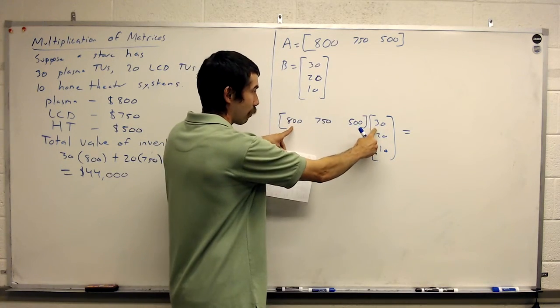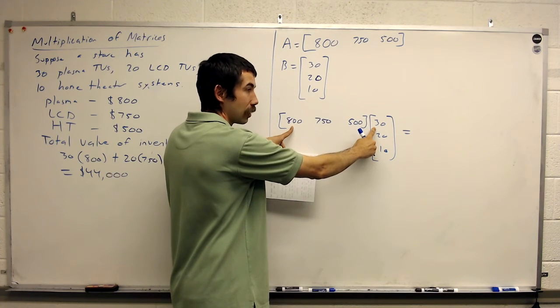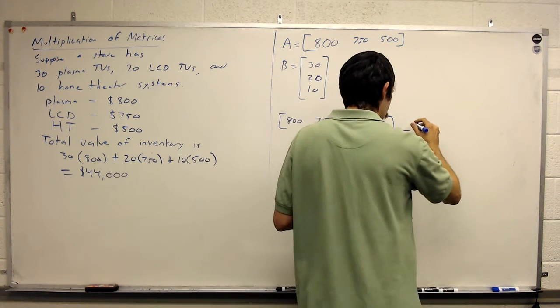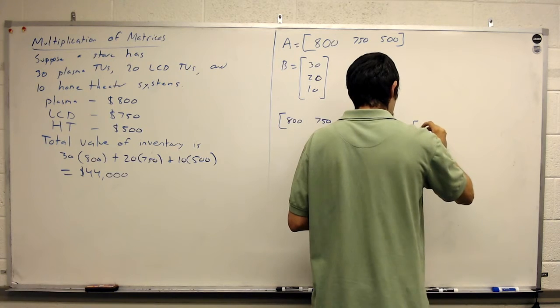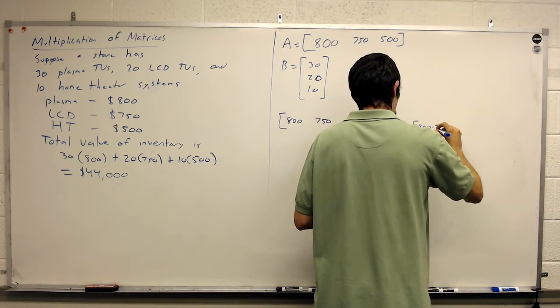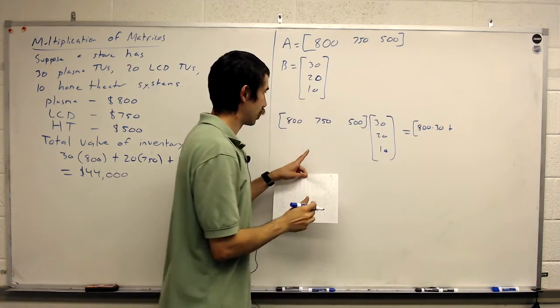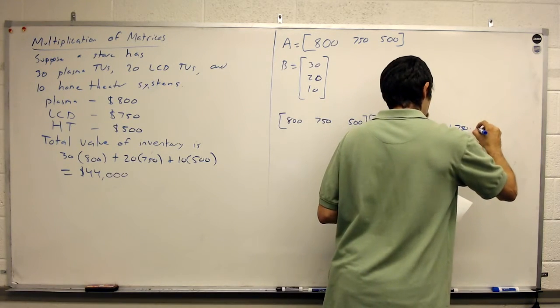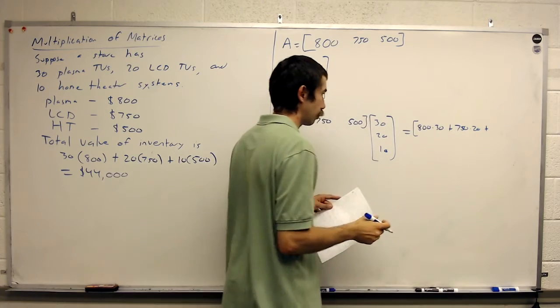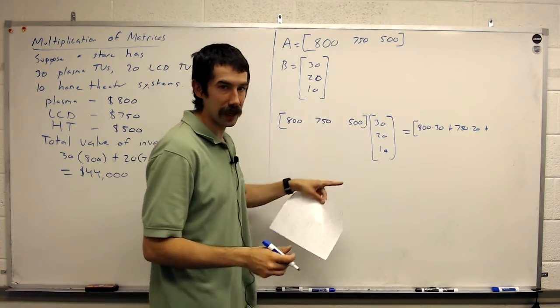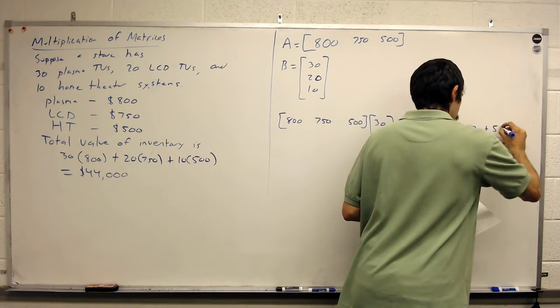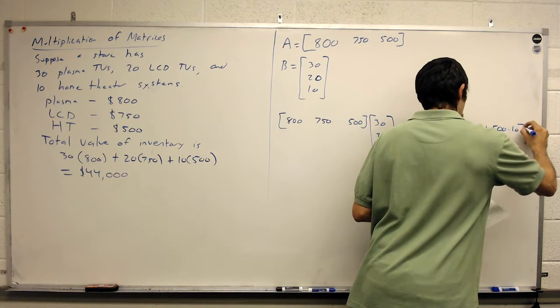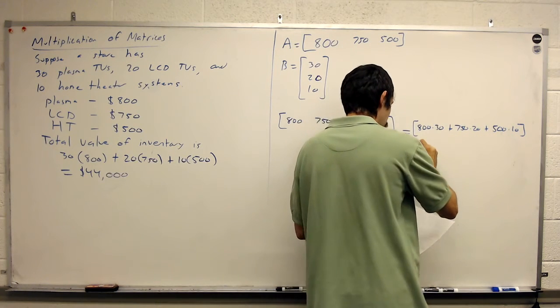So it's going to be 30 times 800 plus 750 times 20 plus 500 times 10. And that's, again, 44,000.